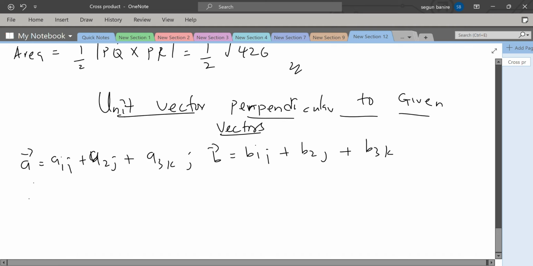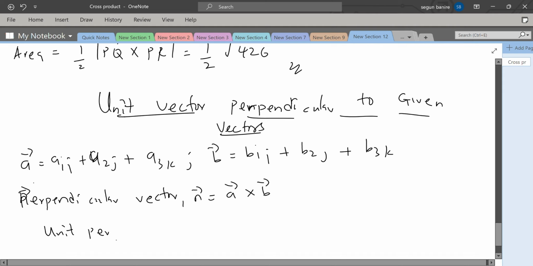So the vector that is perpendicular to the two of them, let me call it N. You see this N is the cross product of A and B. When you do the cross product, you will get the perpendicular vector, that is N. So now that you've gotten N, the unit perpendicular vector is N divided by the magnitude of N. Do you get that now?